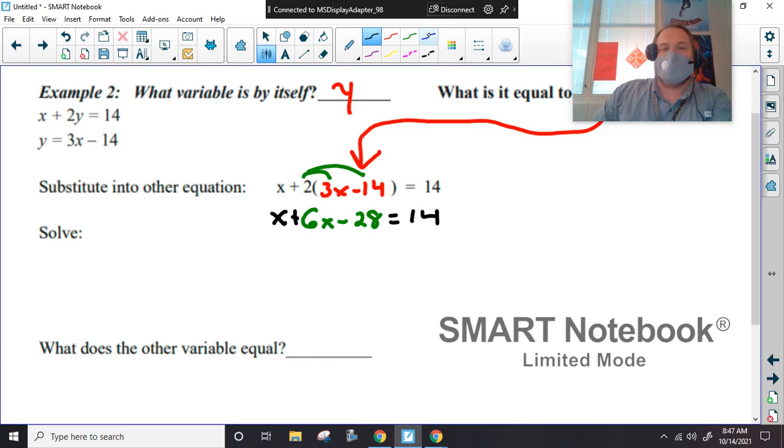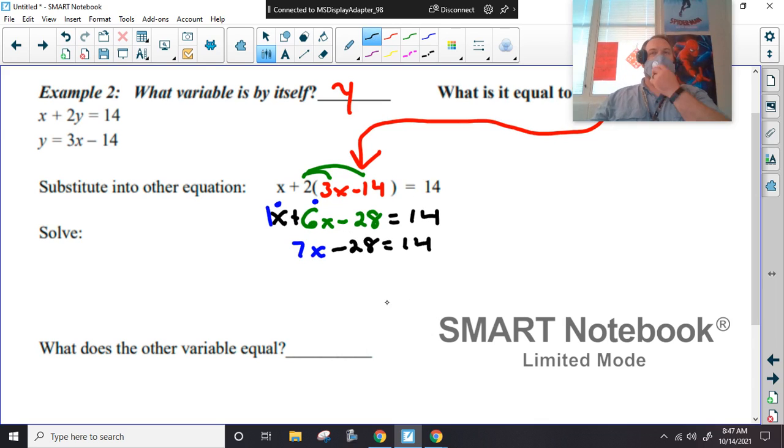Yes. And our like terms is this. Now this is understood to be a 1. So what's 6 plus 1? Yes. All right. Now, what's our next step? Yeah. We add 28 to both sides.